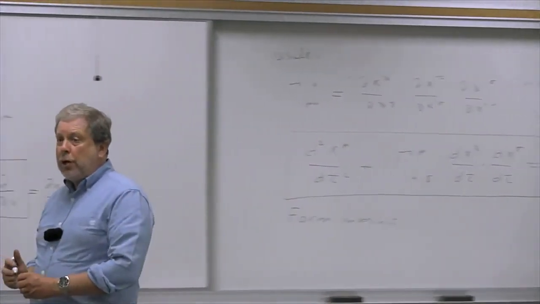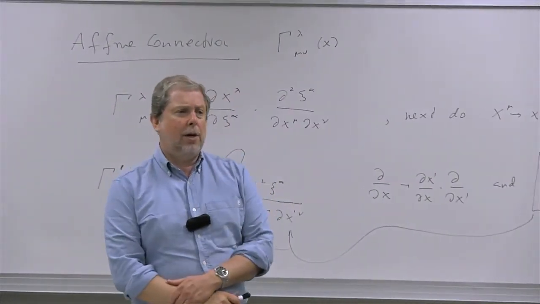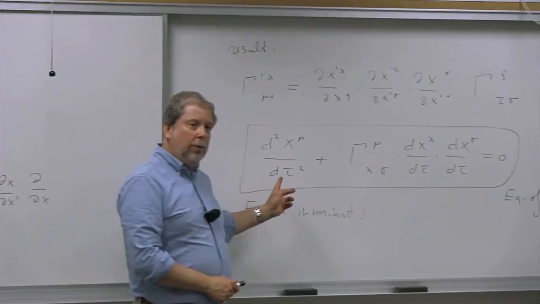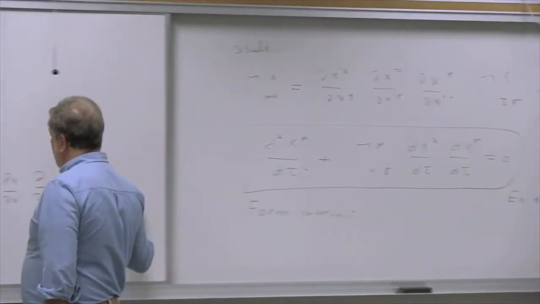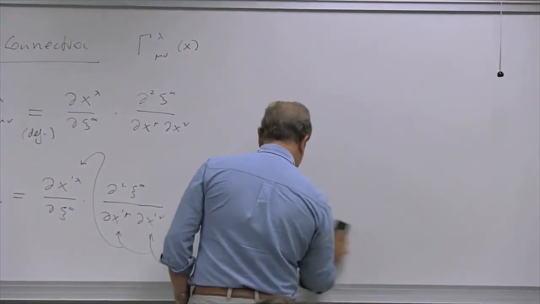Now, that should not come entirely as a surprise, because in fact we do know quite well that the Γ is not a tensor. Why is it that we know that from the very first lecture we had?